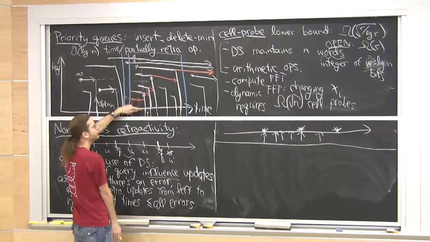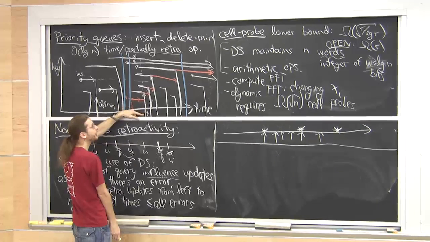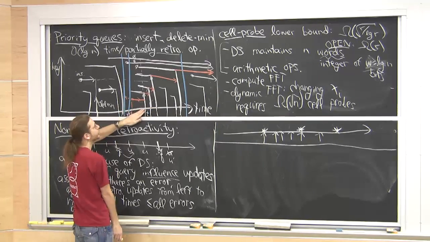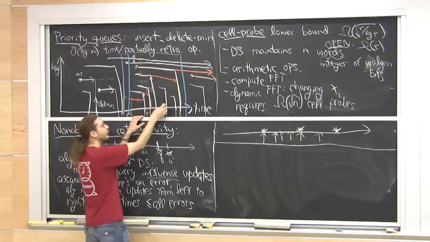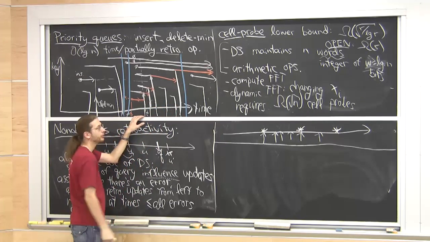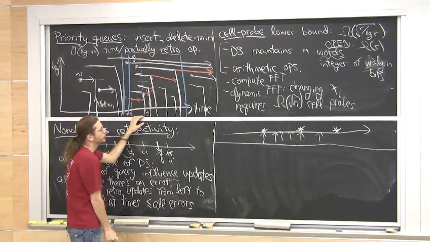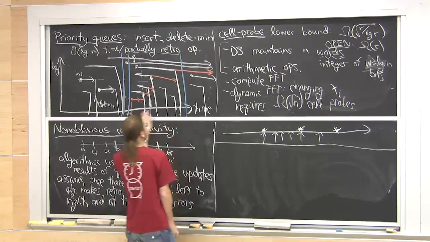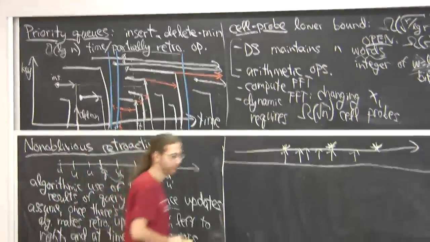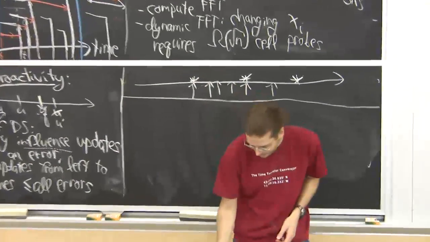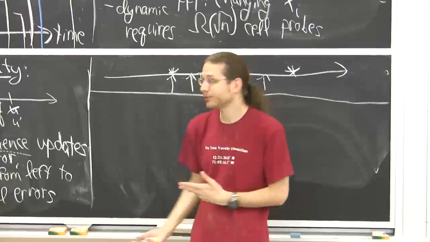You know, the delete mins, the mins that they're deleting change. So here they were just updates. But if there's also a query here, which is what is the min, then all of these query values would change. And you're forced now to pay for that. So in some sense, it gets easier, I would say. For a lot of problems, this kind of retroactivity is easier. But for many problems, it's also more useful.